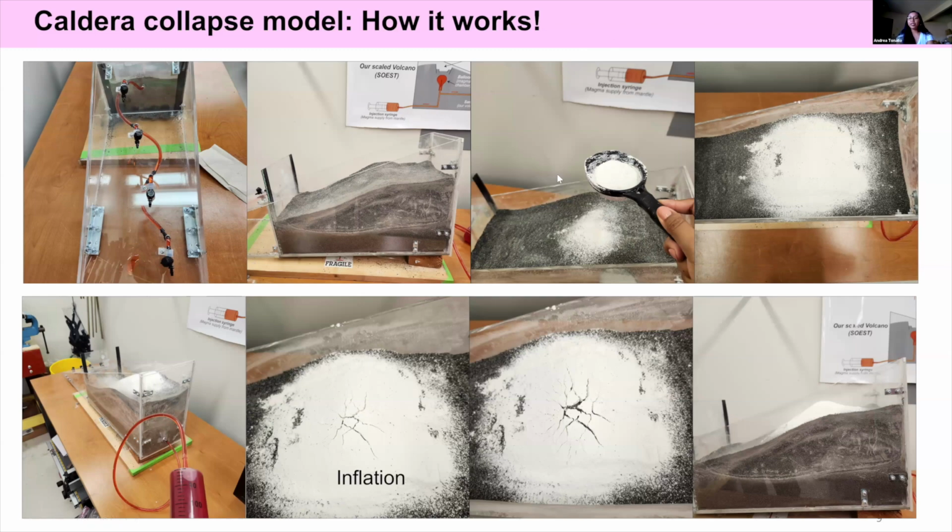Once we had our volcanic edifice, we started injecting some magma into the system and it creates an inflation. So in the outreach events, we usually start our explanation here: when you start, there is more magma coming into the magma chamber, there will be an inflation at the surface, and we also make comparisons with some cracks that have formed on the Big Island in Kilauea volcano before eruptions.